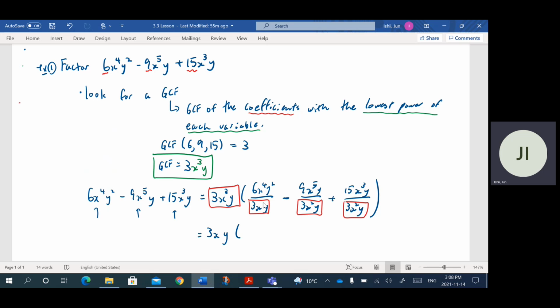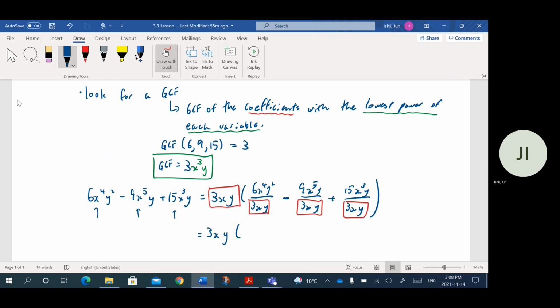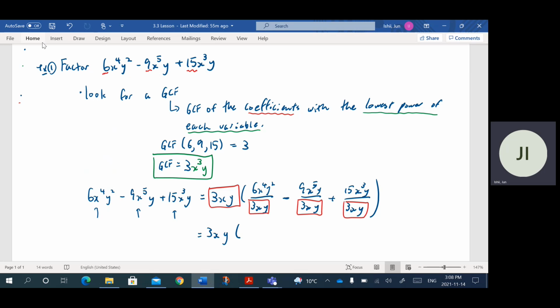All right, so these were actually supposed to be x cubes here. I just noticed, because I just wrote that one wrong or poorly. But it is x cubed in the GCF. All right, so this is going to be x cubed, which means this should be a 3 here, 3 here, and a 3 here.